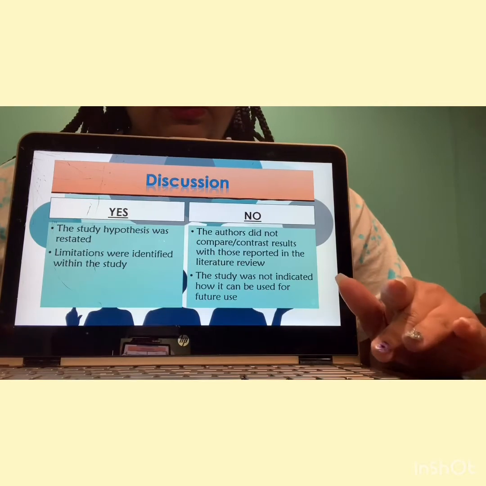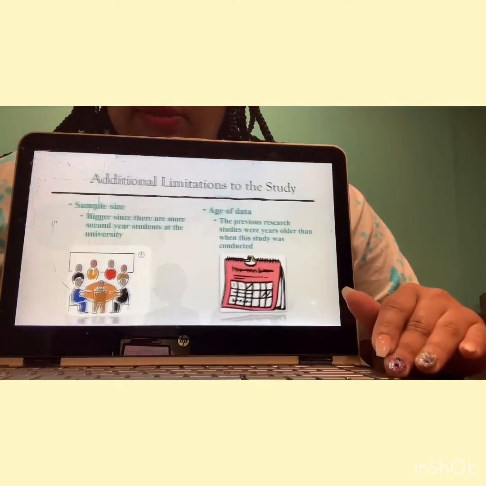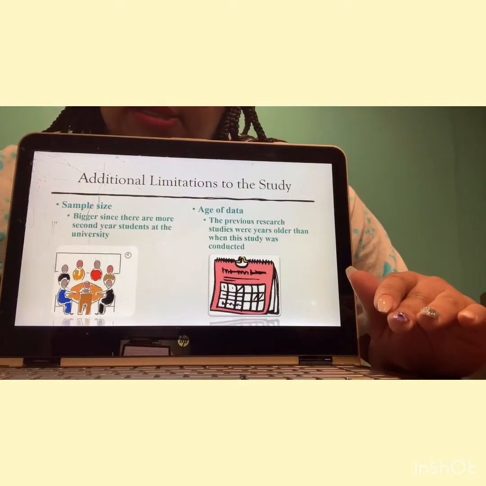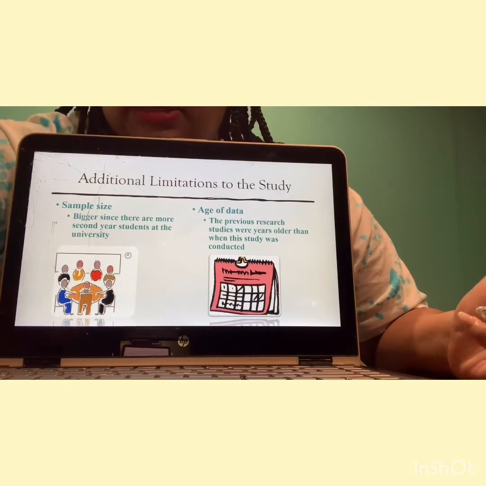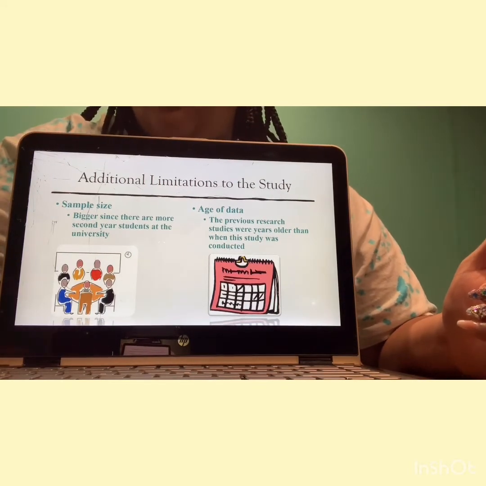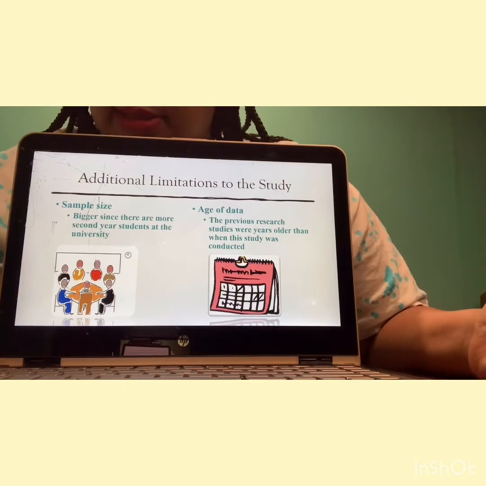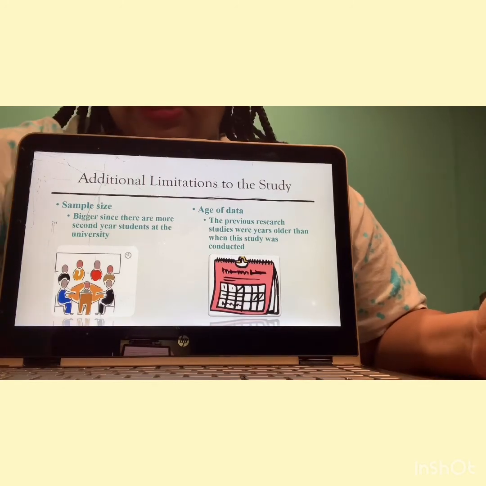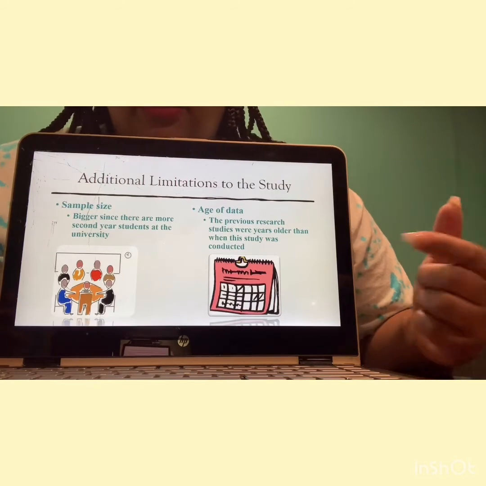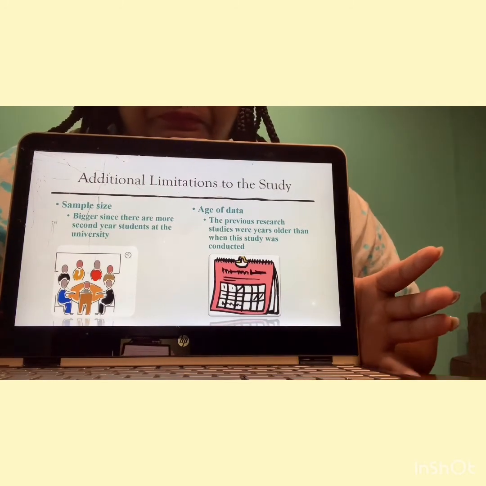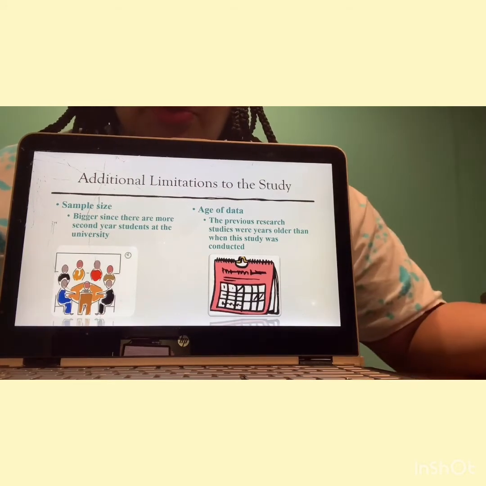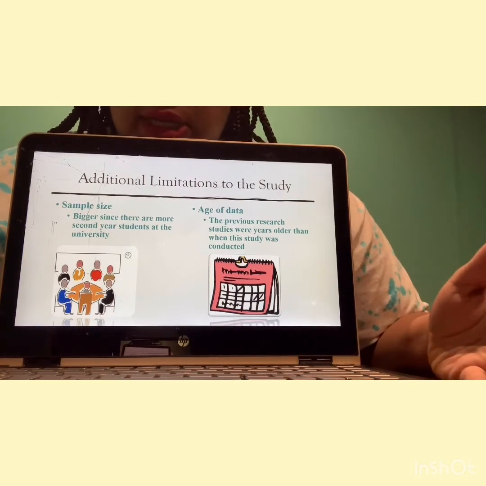So lastly, some additional limitations to the study were that the sample size could have been bigger because I'm pretty sure there are more second year students, especially at a university or school. And then the age of the data was a couple years older than when the study was conducted.